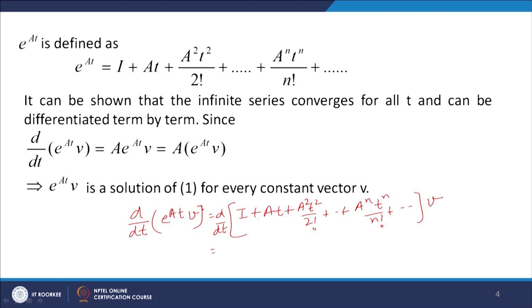So, when we differentiate with respect to t, what do we get? I is independent of t, so this will be 0. So, we get A t.